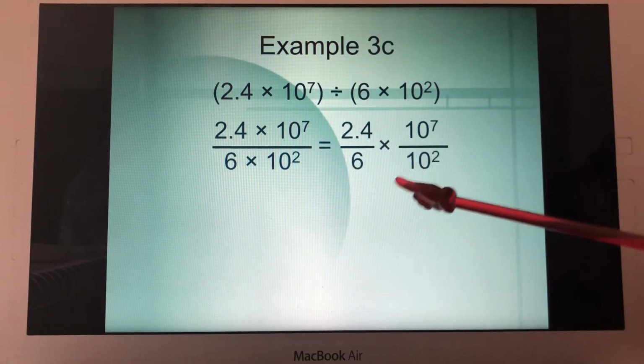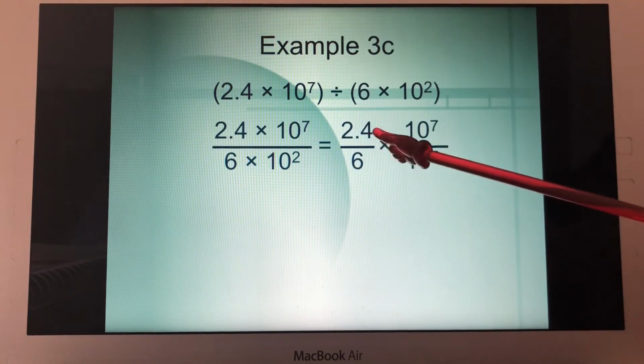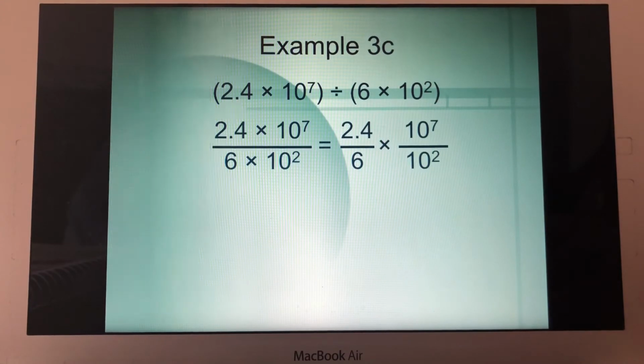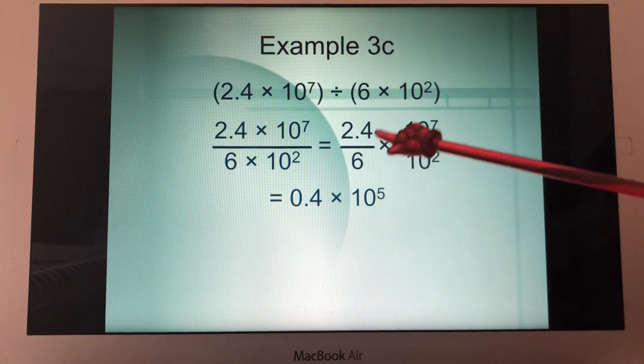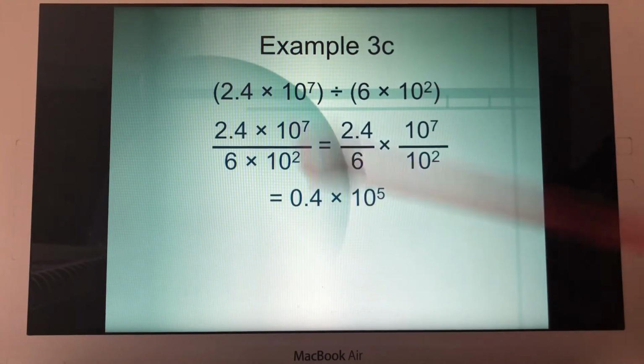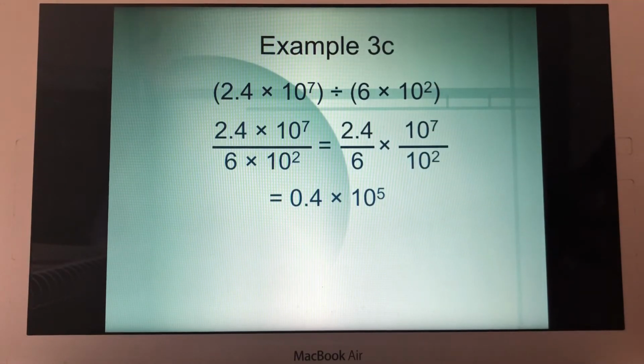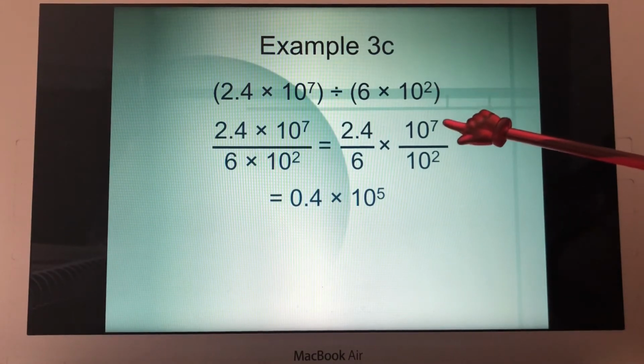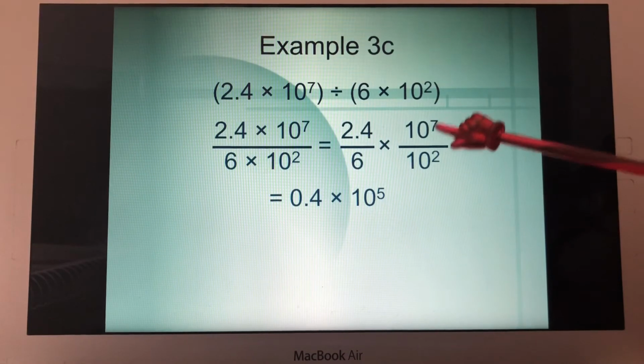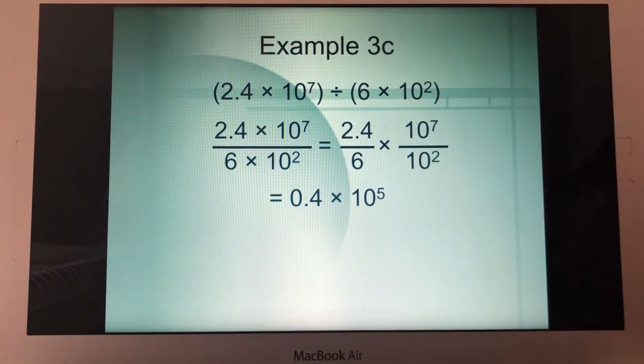You split those out so that you could see it better. Then you can do your division, and 2.4 divided by 6 is 0.4, right? And then 10 to the 7th divided by 10 to the 2nd, we basically subtract the powers, remember, from our quotients, okay? 7 minus 2, and that gives us 10 to the 5th power.